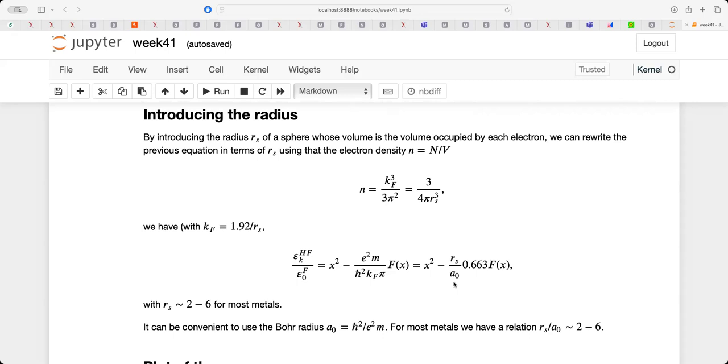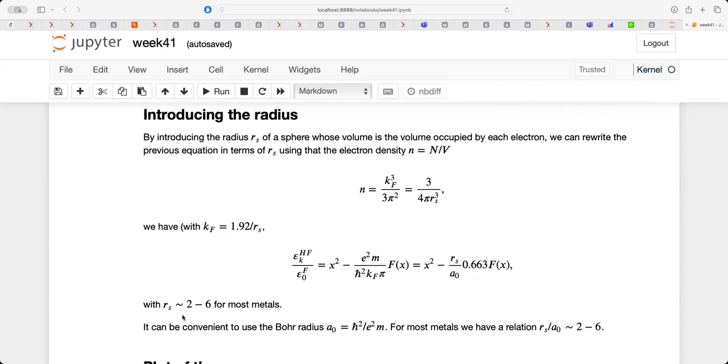And that gives you a typical range of what you may expect could be the size of an atom or a size of a molecule. And the Bohr radius, when you bring it in here, is just defined by natural constants.